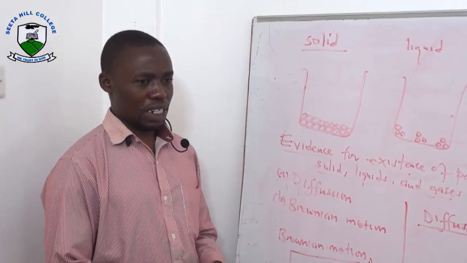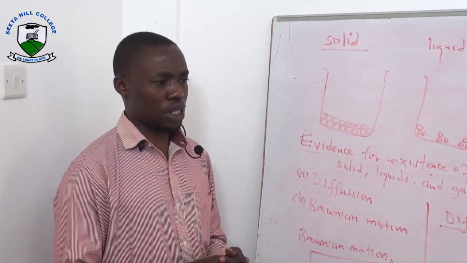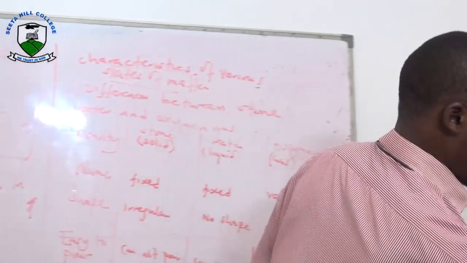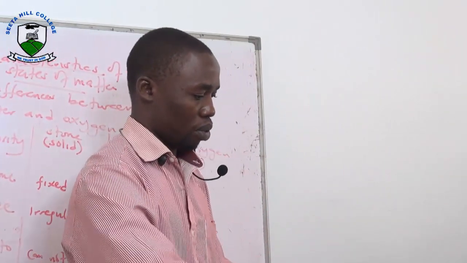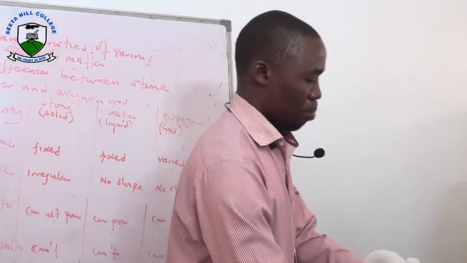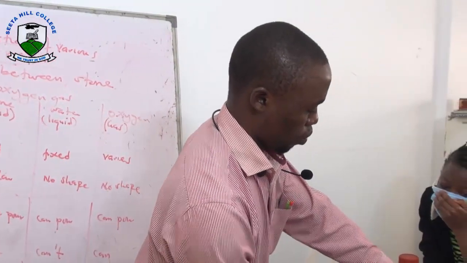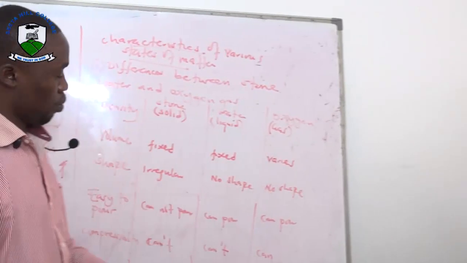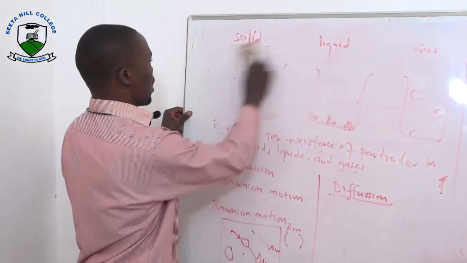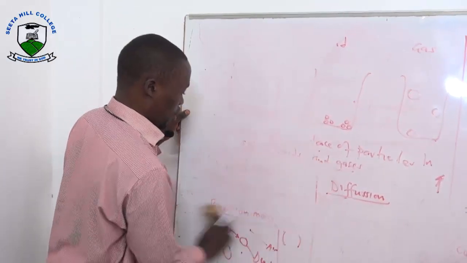But we can do that in liquids using a crystal of potassium permanganate, which we can place at the bottom of a beaker and observe for some time.